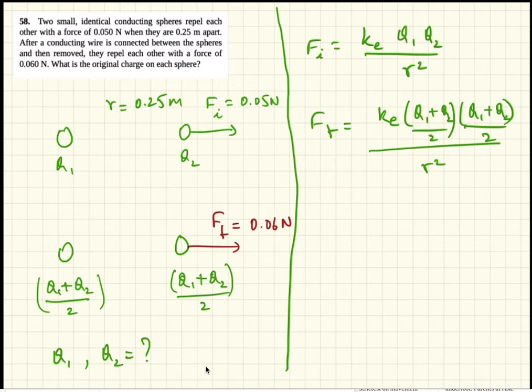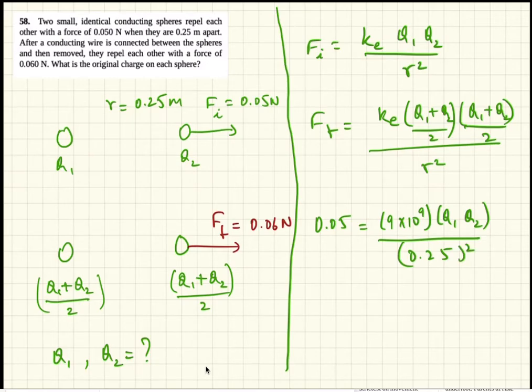So let's put in some numbers. The initial force was 0.05 newtons, and K was 9 times 10 to the 9, and I'm not putting in units just so it doesn't clutter, divided by 0.25 squared.